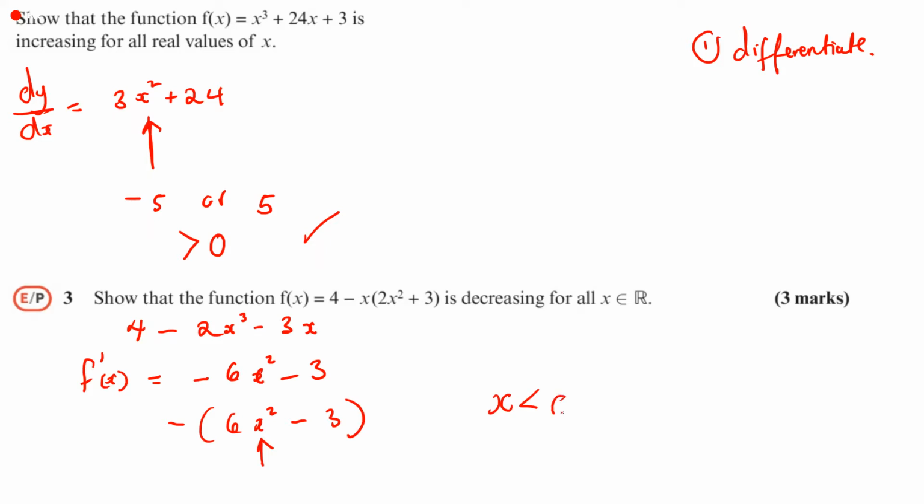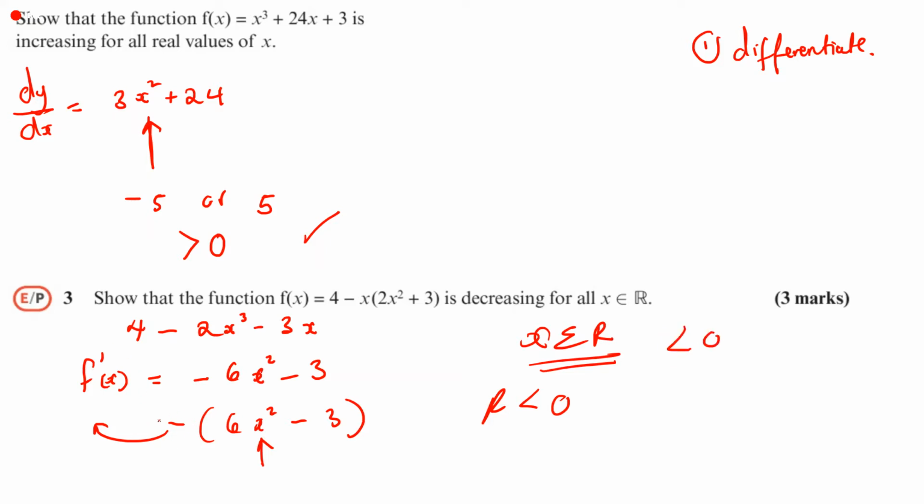So we can clearly see in this question, because I take out the negative, I'm showing the examiner that for any value of x, the answer is always going to be less than 0.